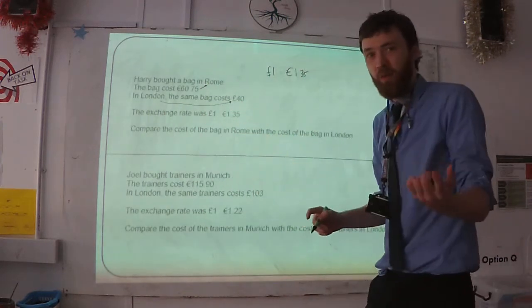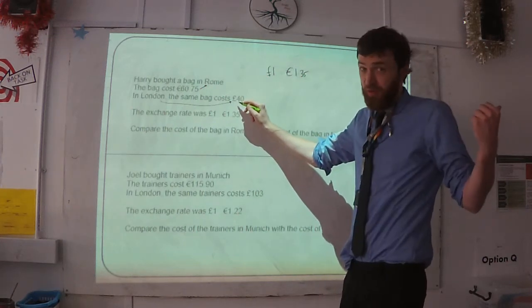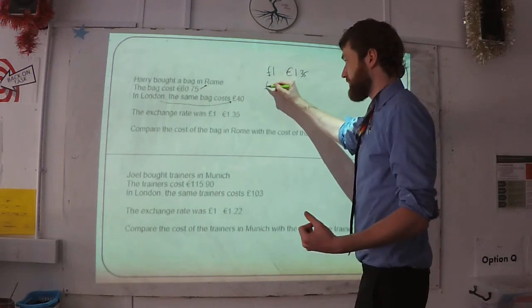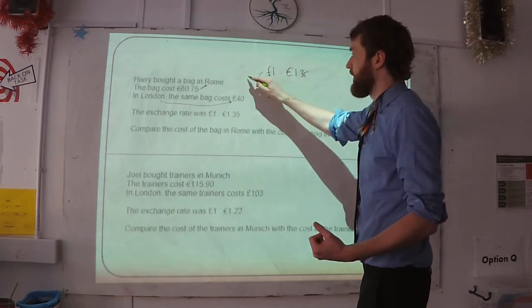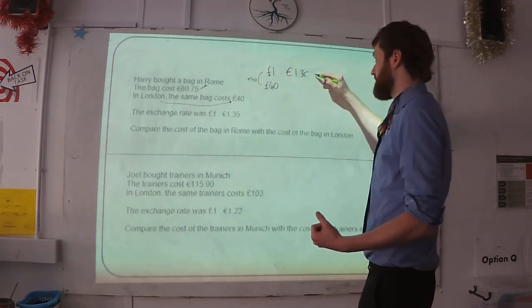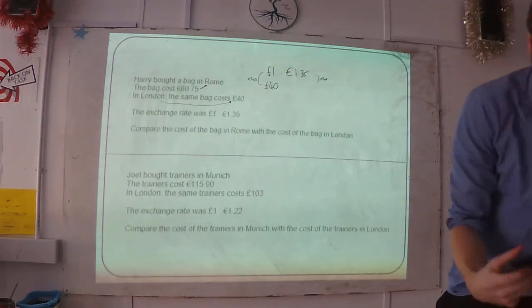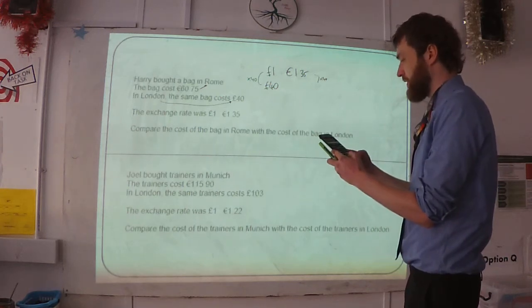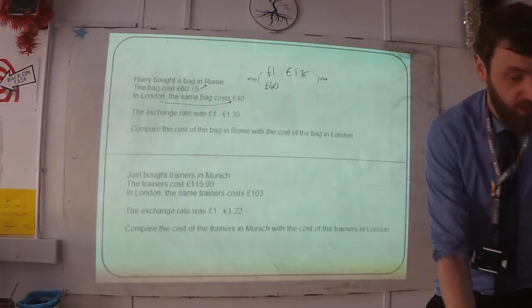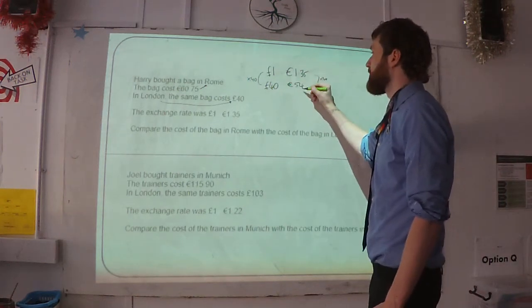How about if I work out how much that London price is if I converted it to euros? So the £40 will go there. I then times it by 40, times it by 40. So €1.35 times 40 is 54. So that would be €54.